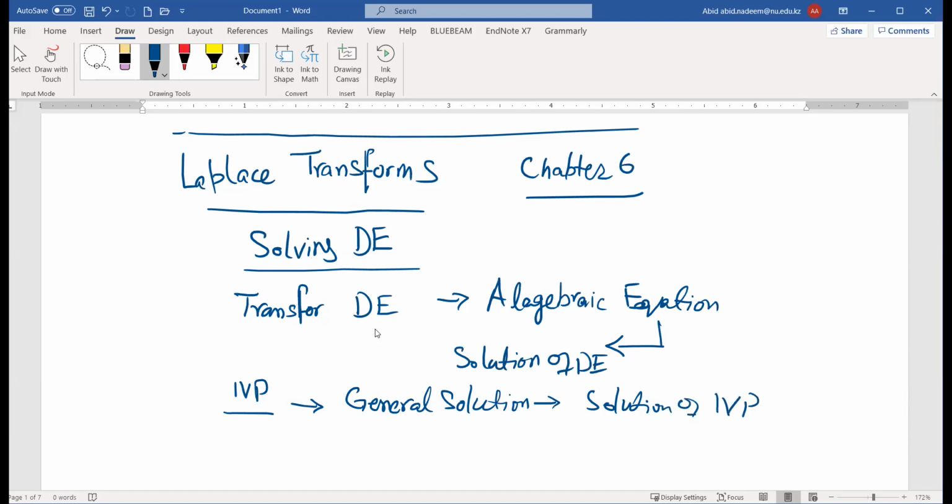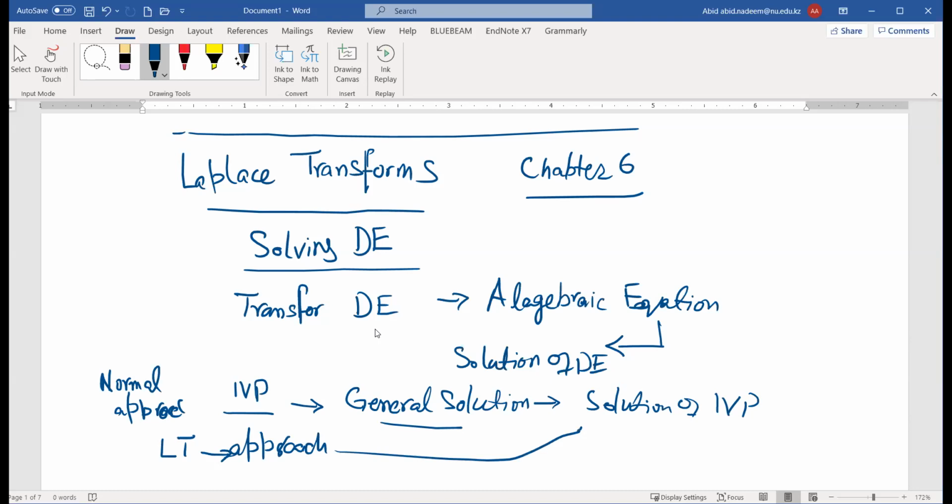This is the normal approach. However, in the Laplace transformation approach, you don't have to find the general solution. You can directly find the solution of the initial value problem. This is one advantage of this method.